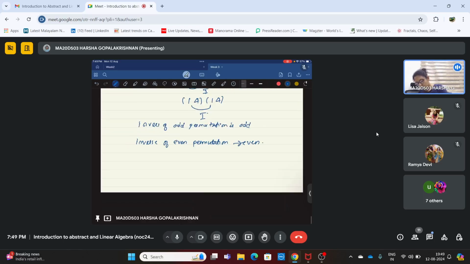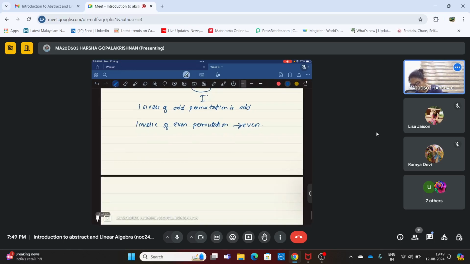Okay, now let me ask one question. If you are given some elements like (1 2)(2 1 3 3), this we can write as a product (1 2). Okay, and for example (1 2)(2 1 3 4 4 1), this we can write as (1 2 3 4). That is a product of two cycles again.